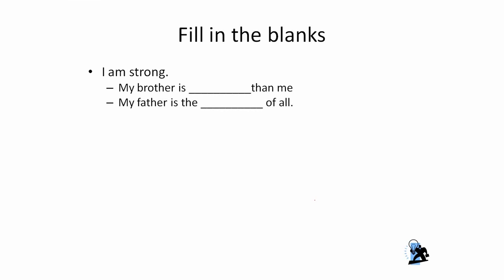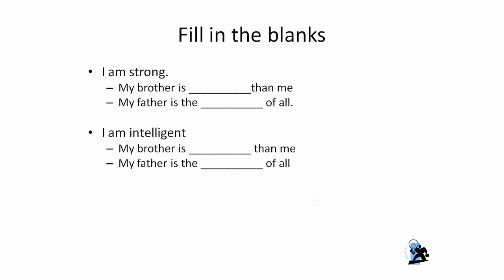I am strong. My brother is dash than me. My brother is stronger than me. Next one. My father is the dash of all. My father is the strongest of all.